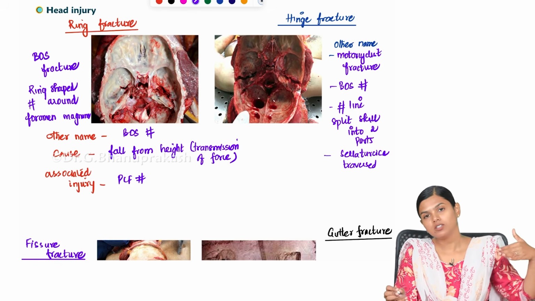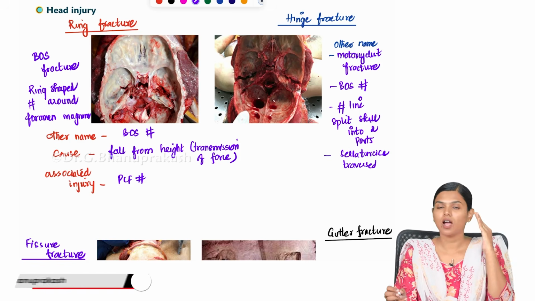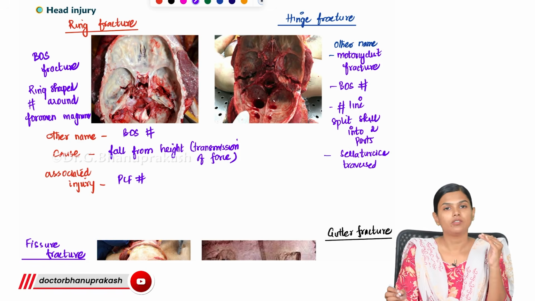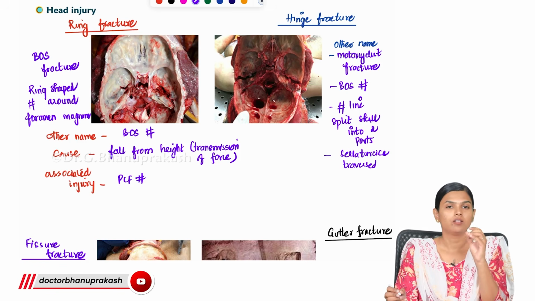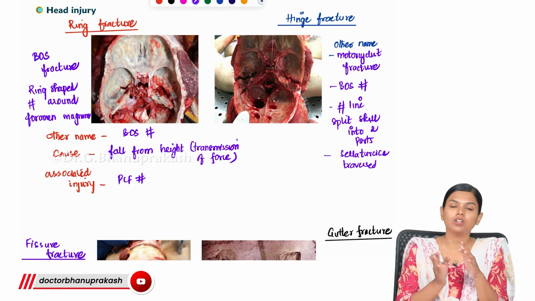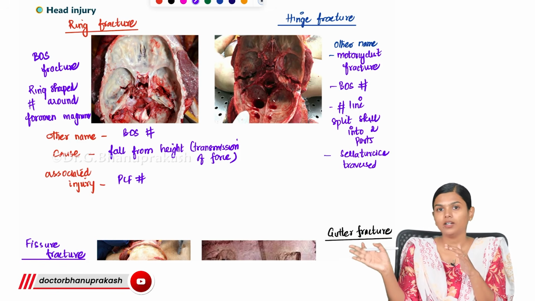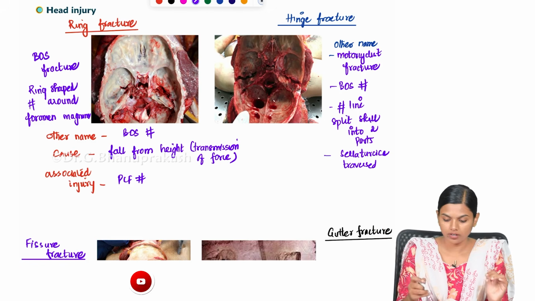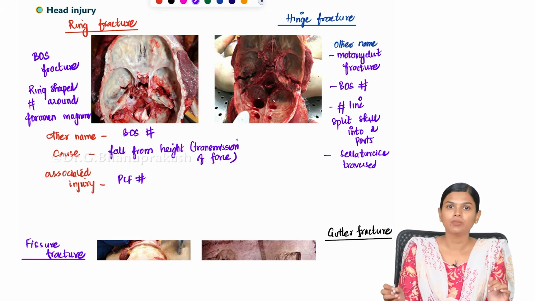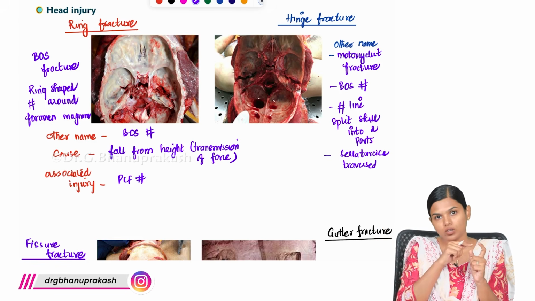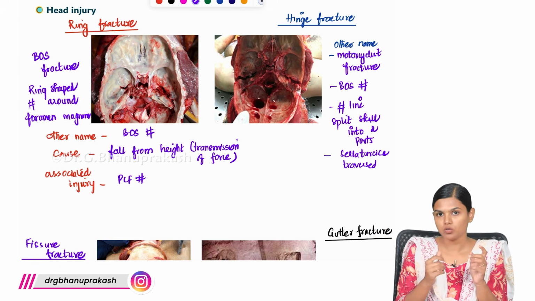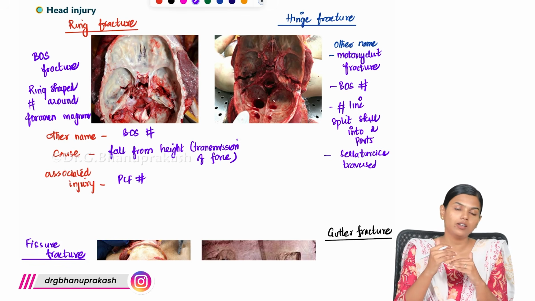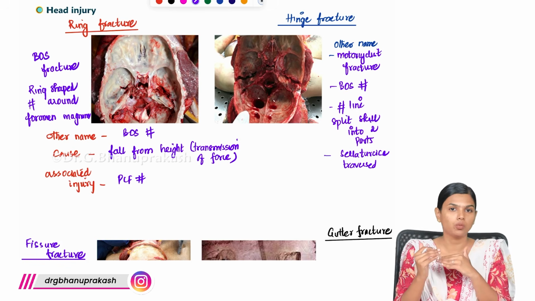It will start in one temporal region, cross the sella turcica, damaging the pituitary, then reach the other temporal end. So it is a transverse fracture starting from one temporal to the other temporal across the sella turcica in the midline. Essentially it splits the skull into two parts, anterior part and posterior part.